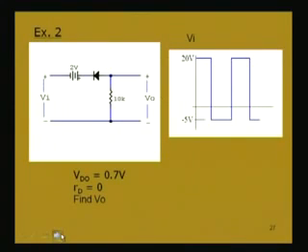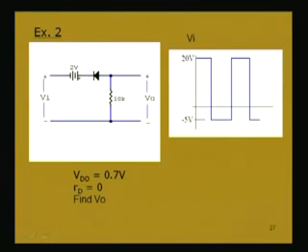Now, let us consider another example of a clamper circuit. Here, the diode is not ideal, it has a 0.7 volt drop, and resistance is 0, but we are applying Vi, an asymmetrical wave having a square wave shape, and peak voltage in the positive half cycle is 20 volt, negative is minus 5 volt.